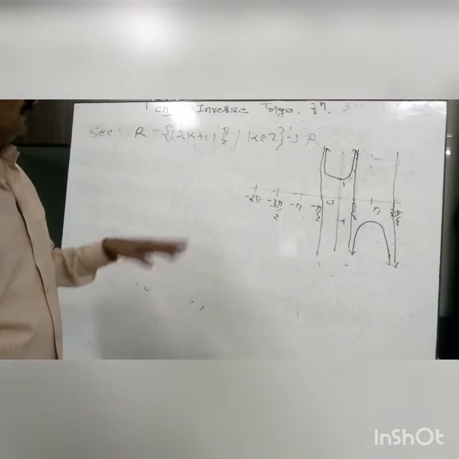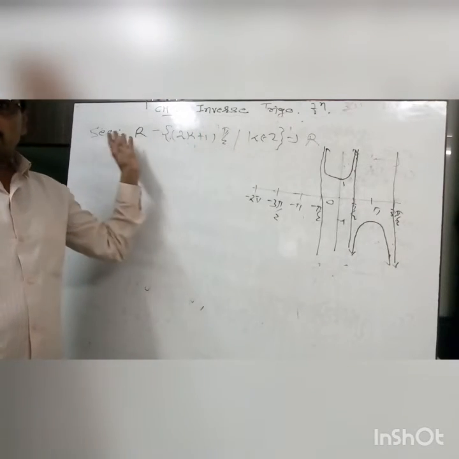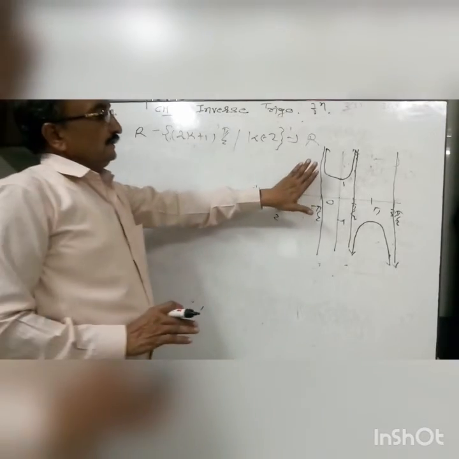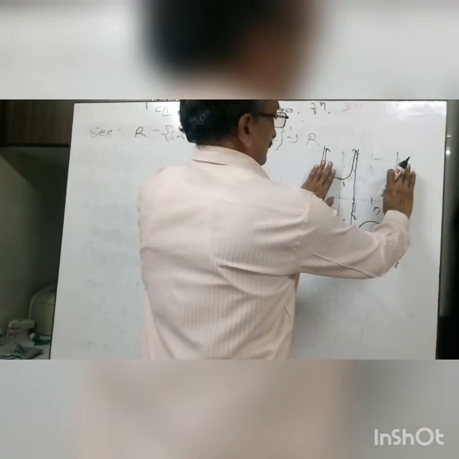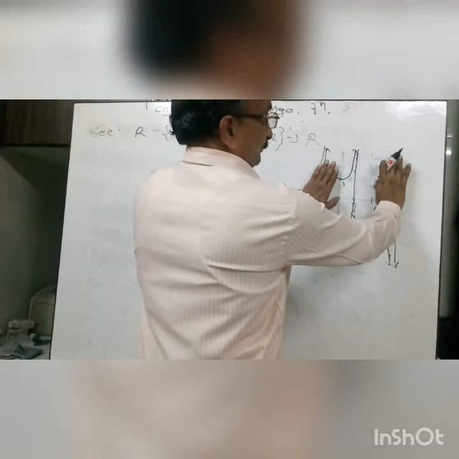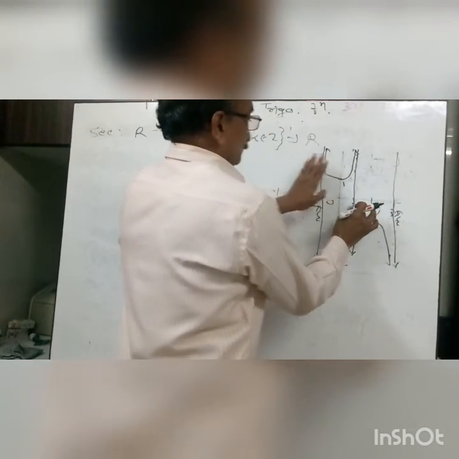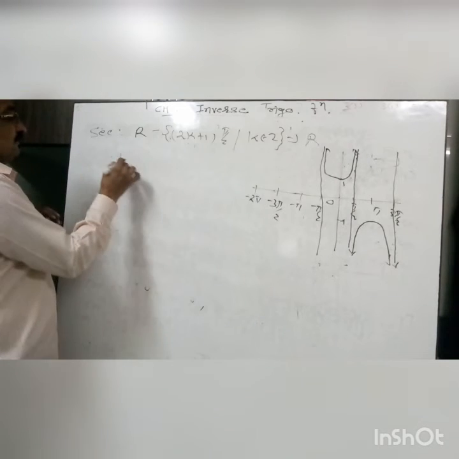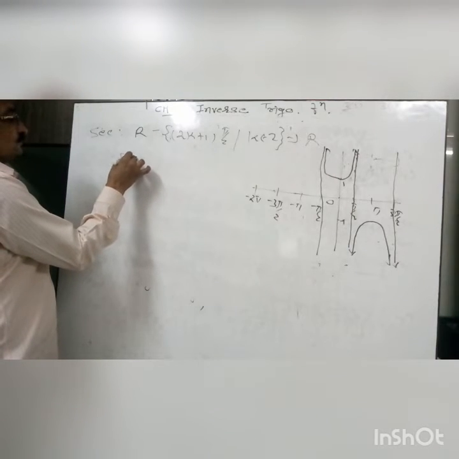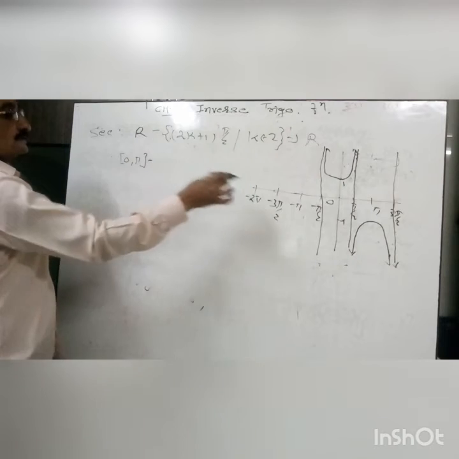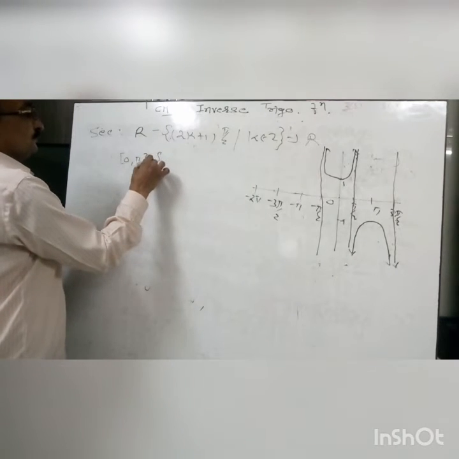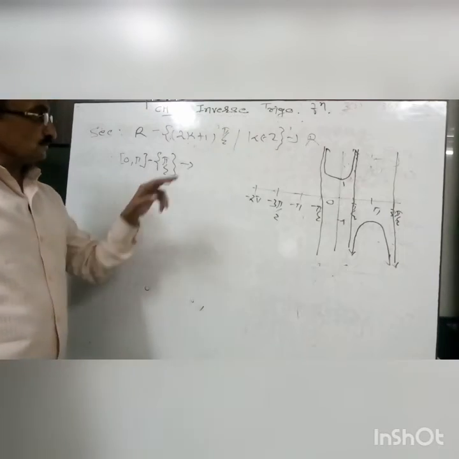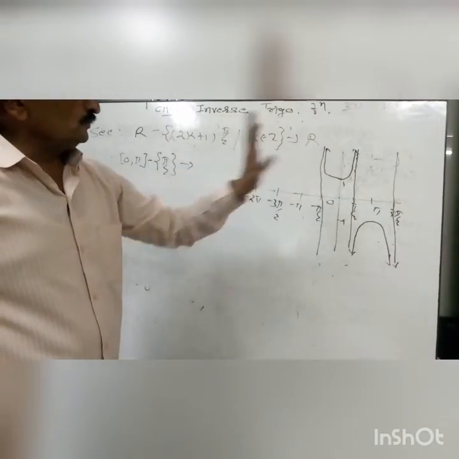Clear this? Now to make it one-one and onto, we restrict its domain. If we take the closed interval 0 to pi minus pi by 2, then this sec function becomes one-one. Also, its codomain is equal to its range.